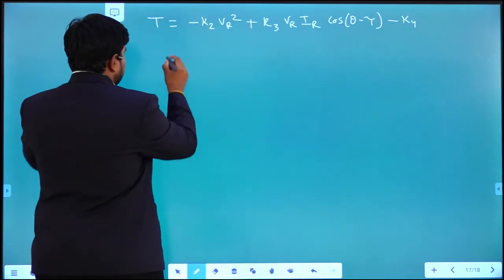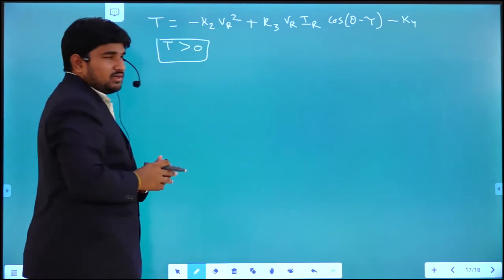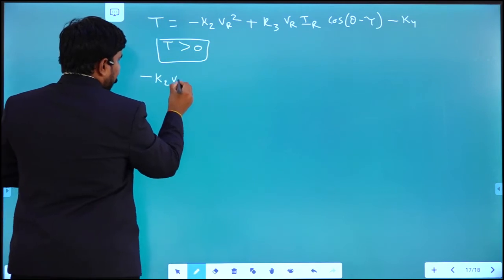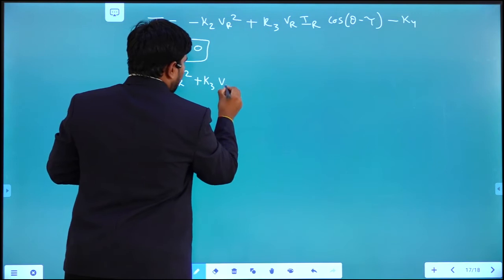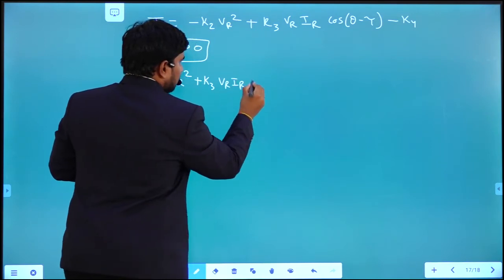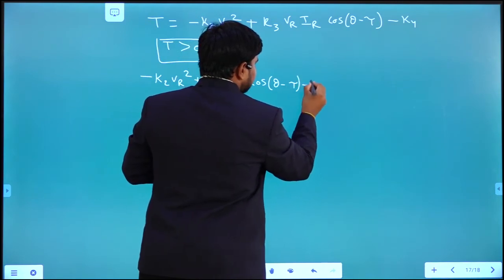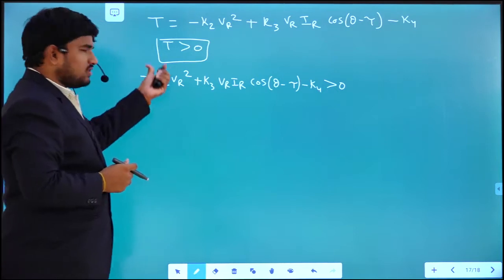Now, to produce positive torque, the condition is minus K2 VR square plus K3 VR IR cos of theta minus tau minus K4 is greater than 0.